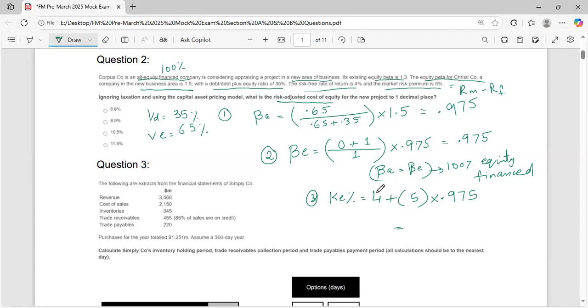So we can calculate it: 5 multiplied by 0.975 plus 4, 8.875. 8.875%. Nearest is 8.9%.